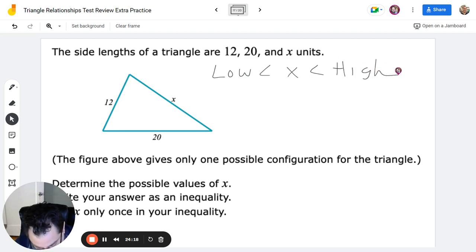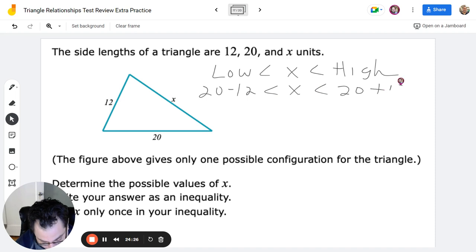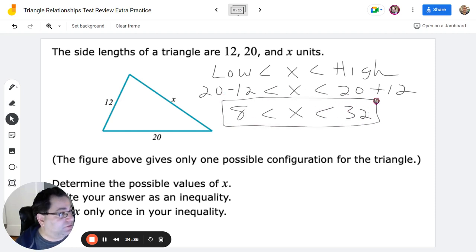To get the low end, we subtract 20 minus 12. And on the high end, we add them, 20 plus 12. So on the low end, we get 8, and the high end, we get 32. And that is all they wanted.